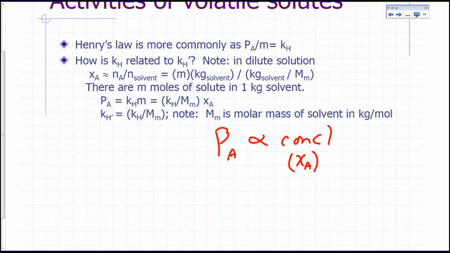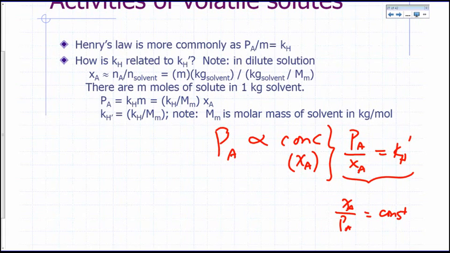If you remember, we said that PA over XA is equal to KH prime, so the ratio of 2 quantities is a constant. It means that they are directly proportional. I could have written this as XA over PA equals some constant. So this would be another mathematical way of writing Henry's law. And so your constant here would be equal to 1 over KH prime.